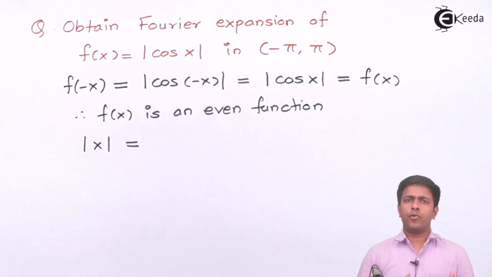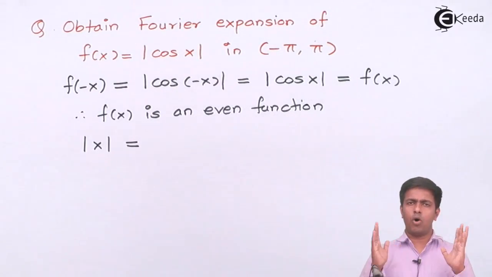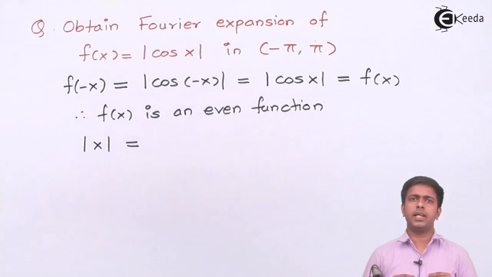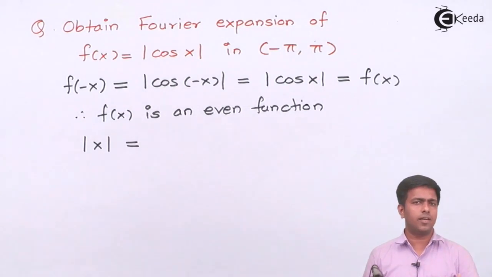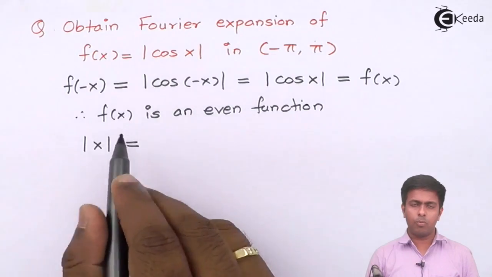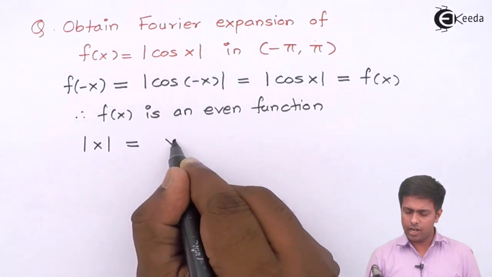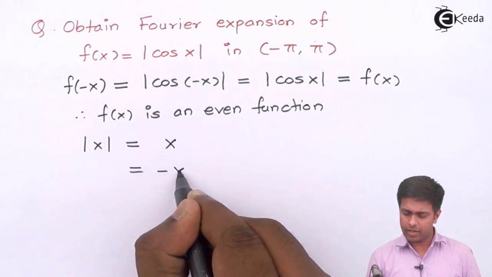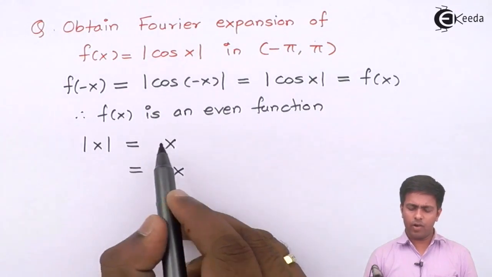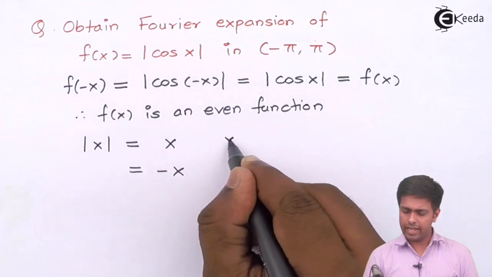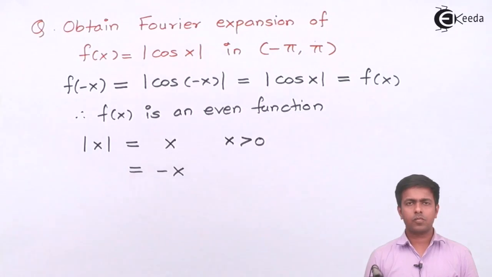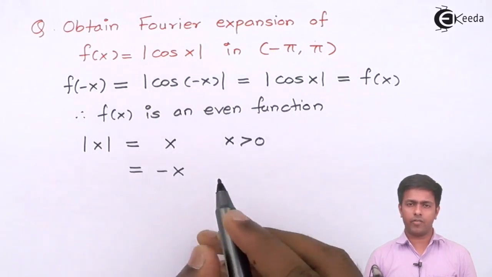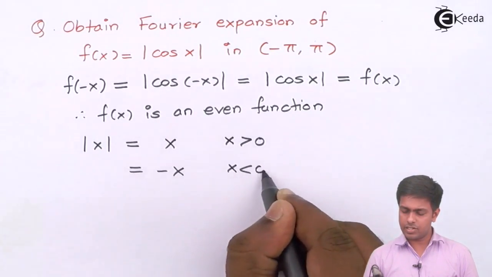So guys, now my question to all of you, what if I remove mod from x? So whenever we remove mod from x, then that x will take its original value. So it means if I remove mod from here, then x will have two values, that is x and negative x. Now when it will have value as x? If x is greater than 0. And when it will have value as negative x? If x is less than 0.